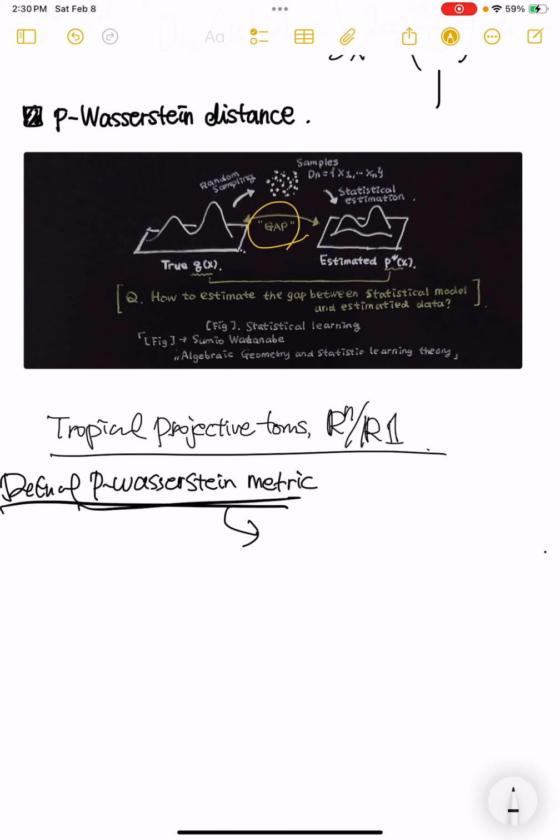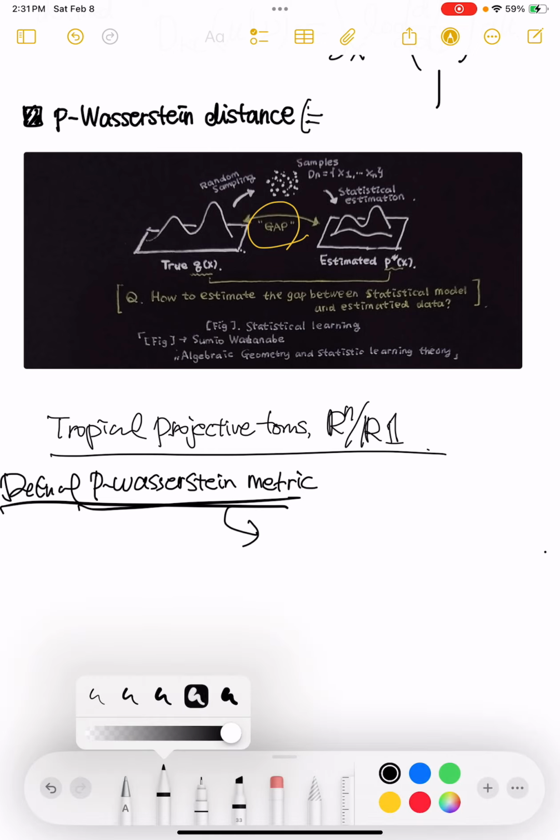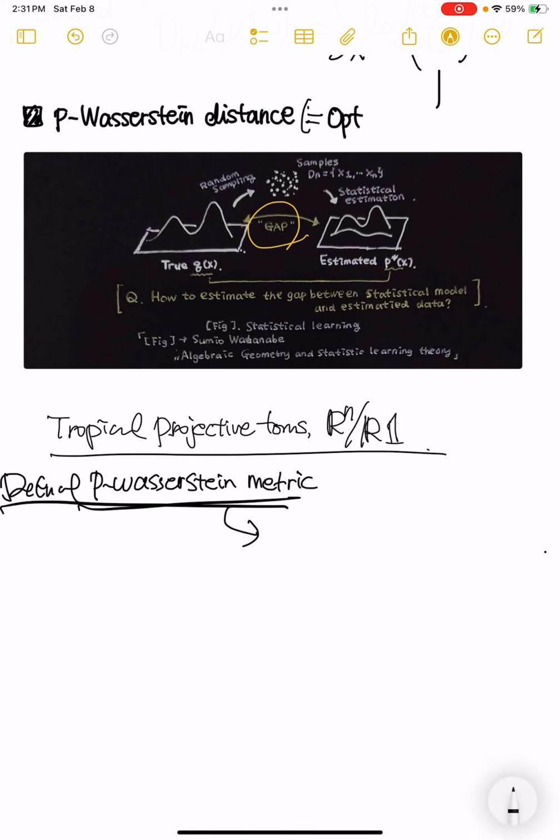We can understand the concept of the p-Wasserstein metric well, because some people call the p-Wasserstein distance an optimal transportation distance.